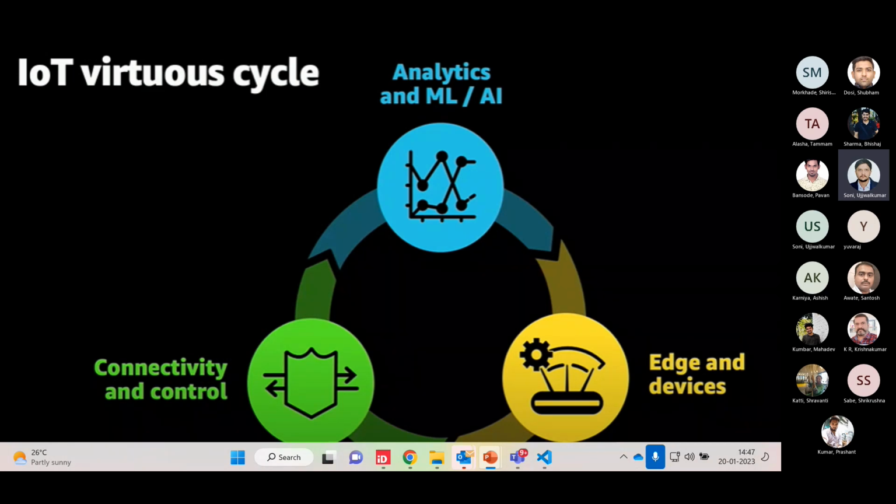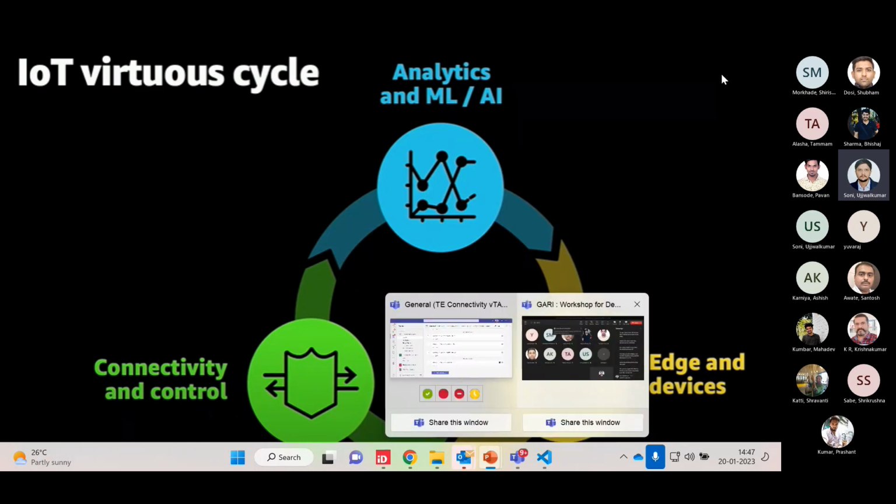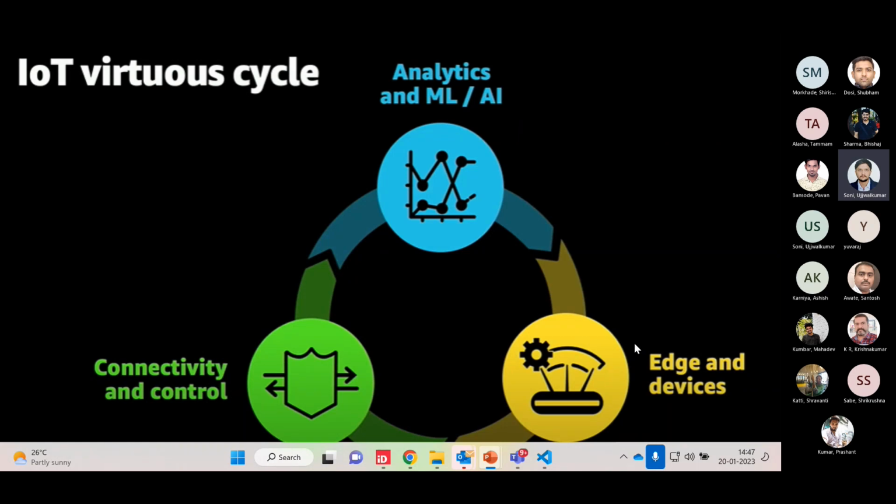Using all these three, using this cycle, you achieve a goal, a successful goal. And of course, using this IoT, you can control where your devices are located and how you can secure your devices. That I will explain in the next slides.